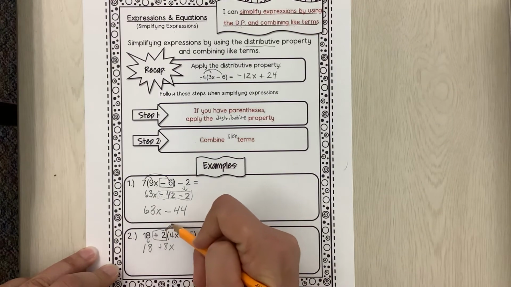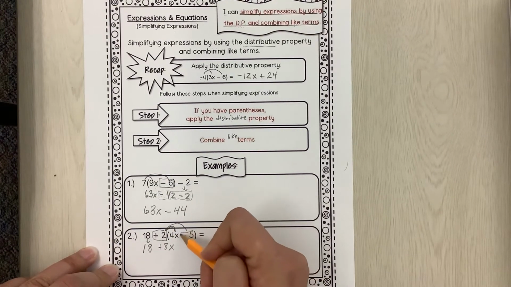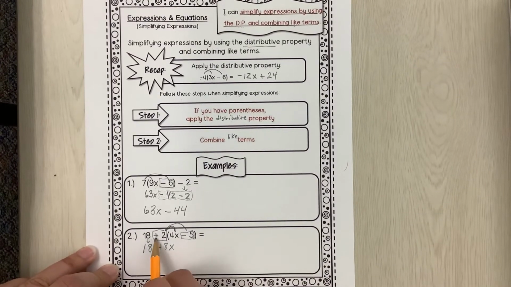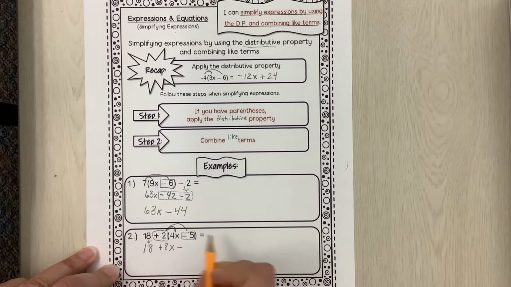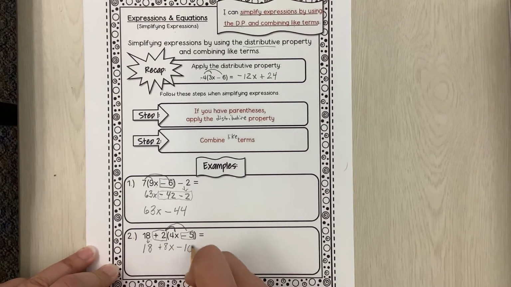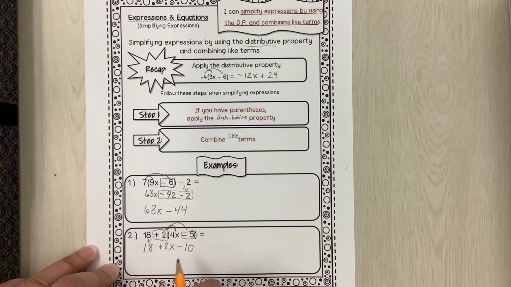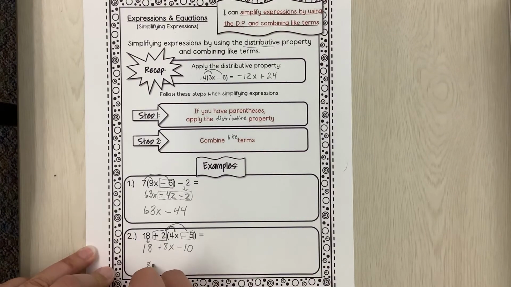Now, a positive 2 times a -5. Remember, anything in front of the number goes with it. So a positive times a negative is a negative, and 2 times 5 is 10. So we've done step 1. Step 2 is to combine like terms. So I don't see any other x's, so I'm going to go ahead and bring that down, and it's a positive.